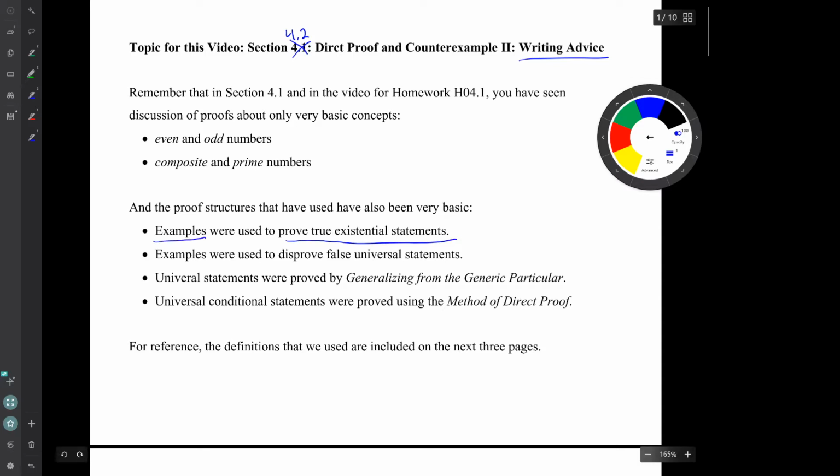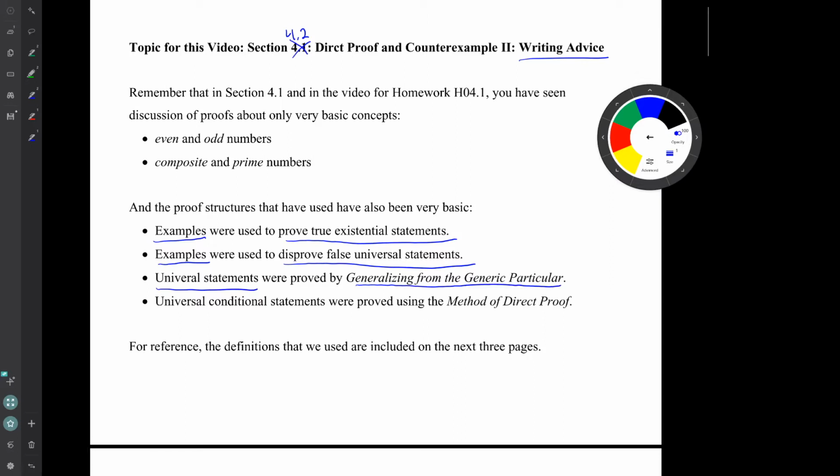Examples were used to prove those. And we had examples where we disproved false universal statements, and examples were used to prove those as well. Those were called counterexamples. And then we had some proofs that were proofs of universal statements, and they had to be proved by generalizing from the generic particular.